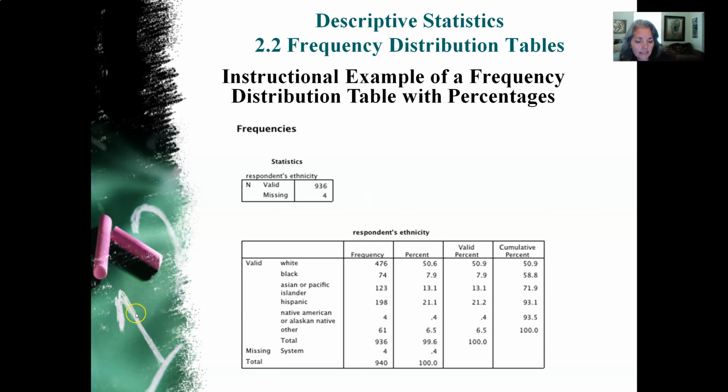Like in this case, 50% of our respondents were white. Now, depending upon the corresponding population, that may or may not be representative, right? So you want to look at how this sample represents the larger population from which we're trying to draw conclusions, because it may or may not generalize. We want to be mindful of those things.